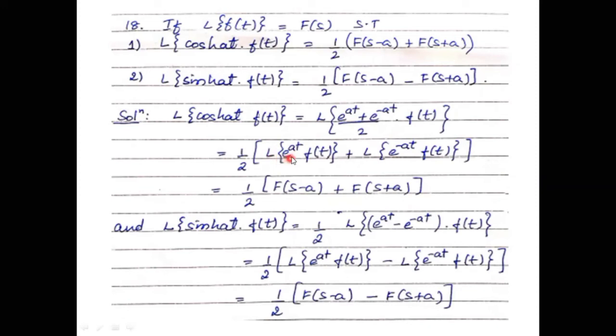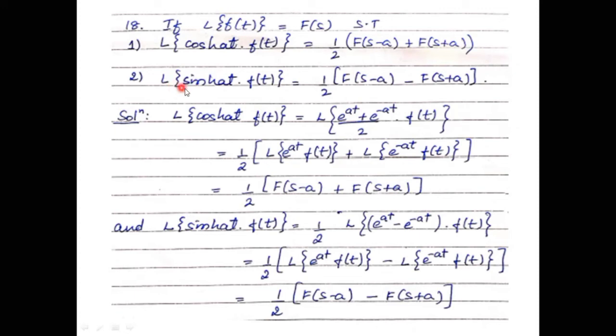L of e power at f of t is F of s minus a, so we have used that standard formula. And here in place of a, I'm having minus a, so it is F of s plus a. The same formula, in place of a, I'm having minus a, so it is F of s plus a. So this is how we get half of F of s minus a plus F of s plus a. So proved.